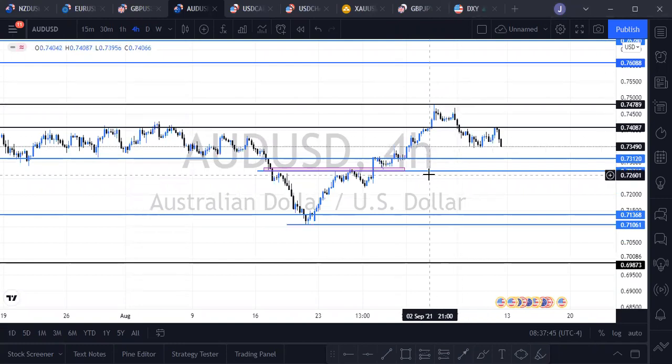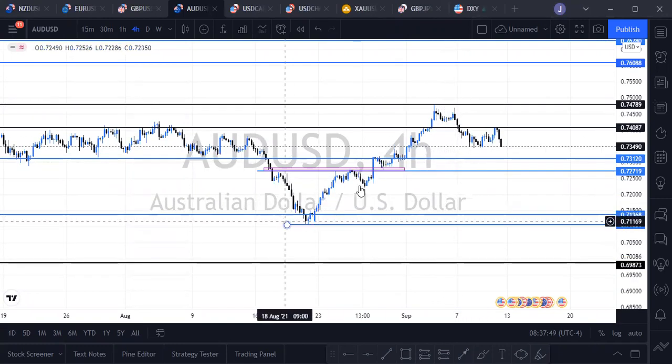Now on AUD USD, you will see a kind of formation we have here. Let me show you guys. Then we have this here, 1, 2. As you can see, we have this here.